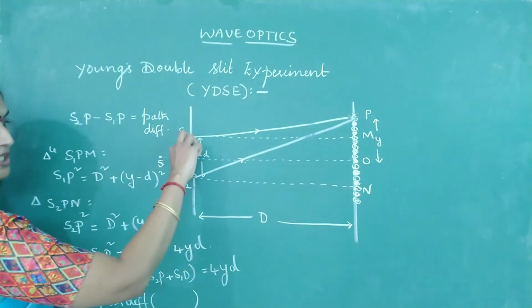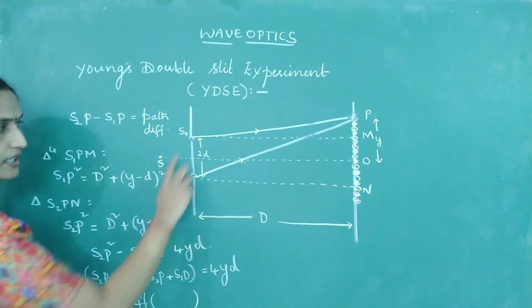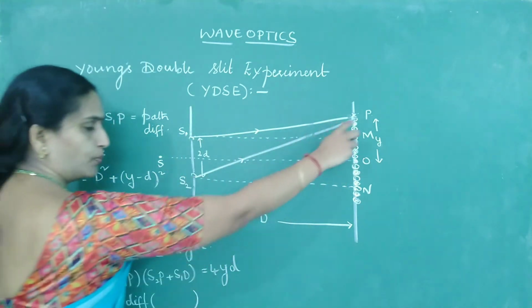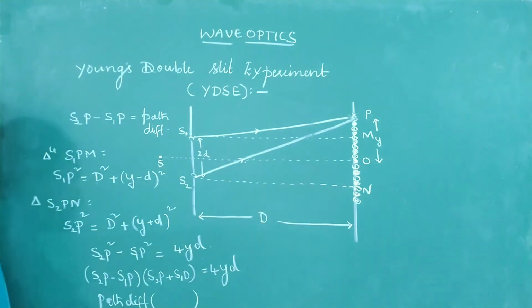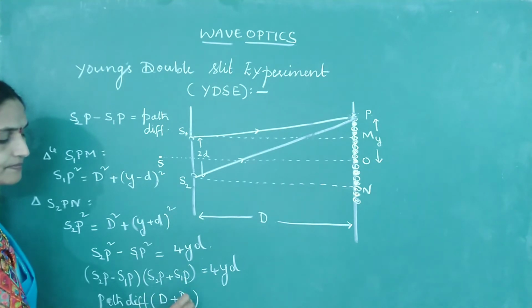If the distance between the two slits is much smaller than capital D, you can approximately write S1P as almost equal to capital D, S2P is almost equal to capital D. This is an approximation. So S2P plus S1P can be written as D plus D.